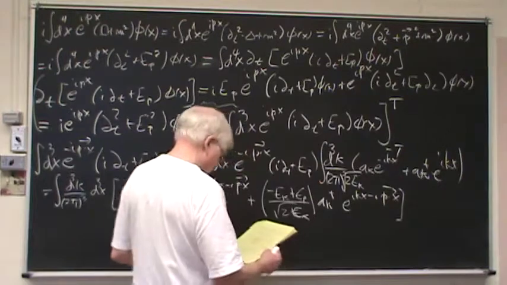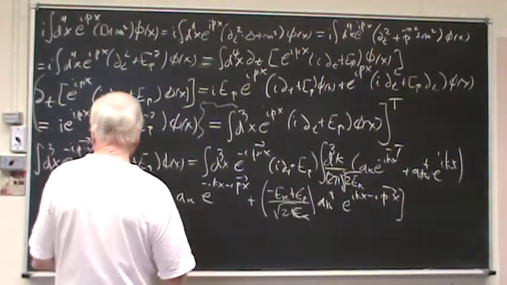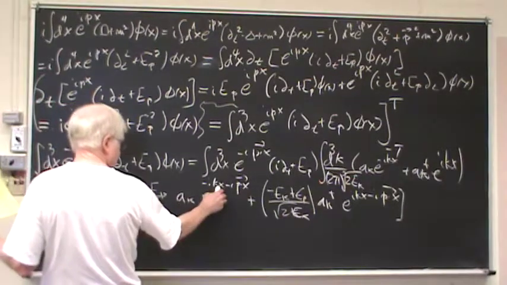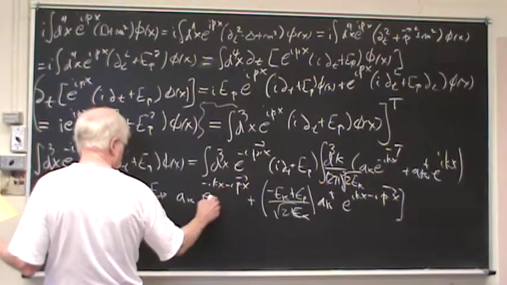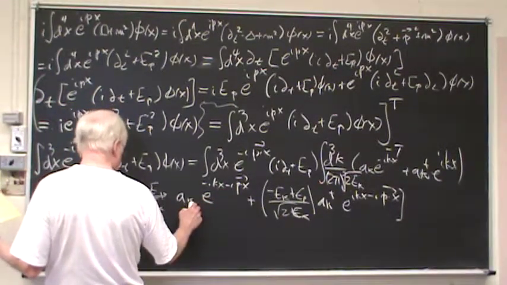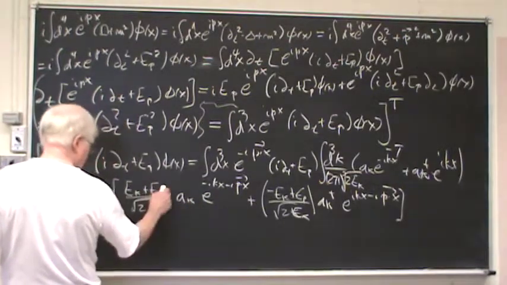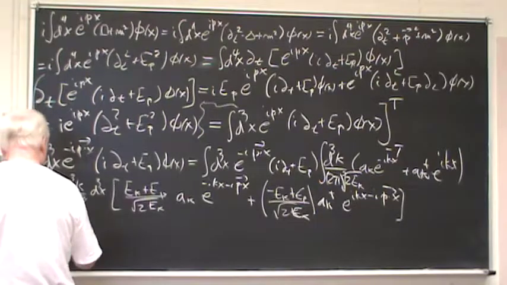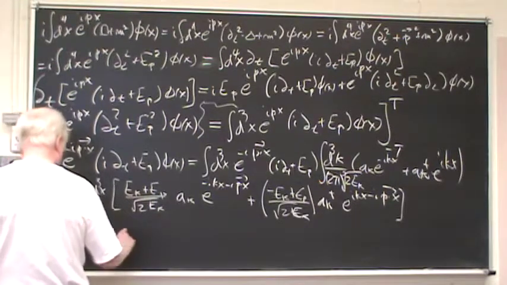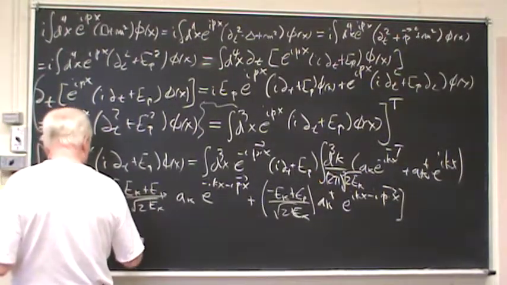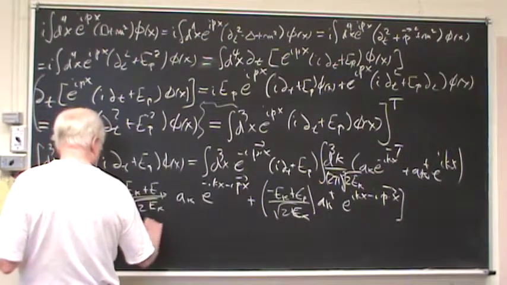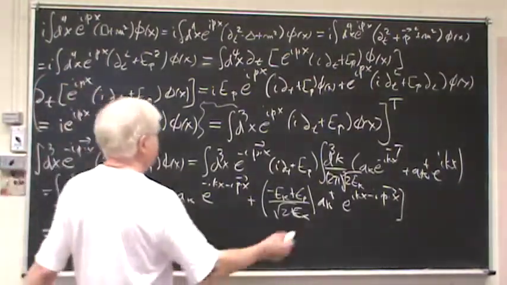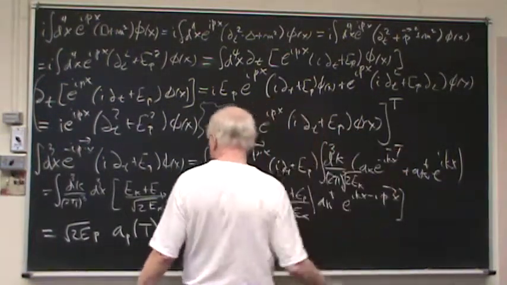All right, so let's just see what we've got. The first one here says just p is equal to k, so this is a_p, and this is 2E_p divided by root 2E_p, so this is square root of 2E_p, a_p at big time, so I'm doing this at t and then minus t.